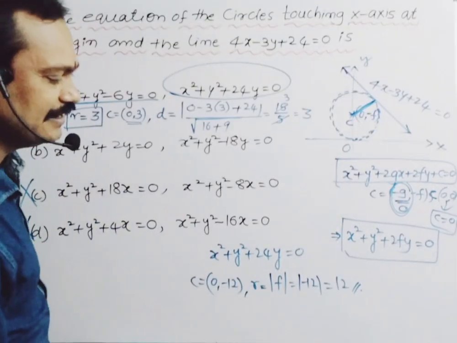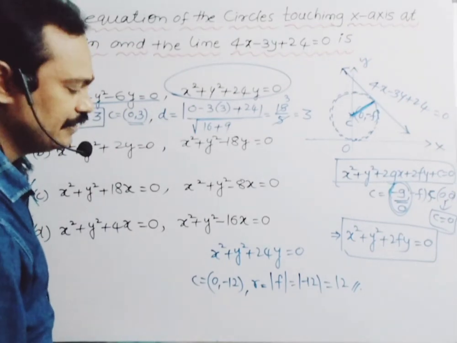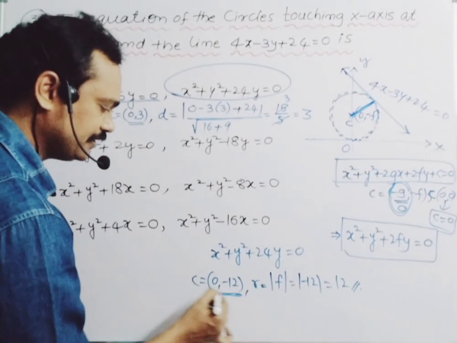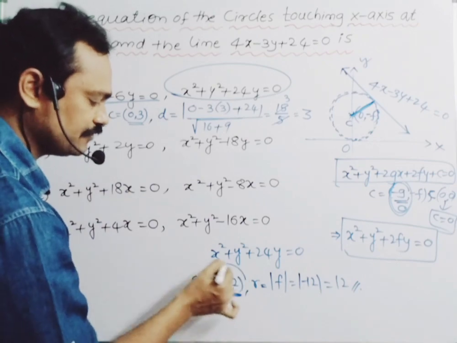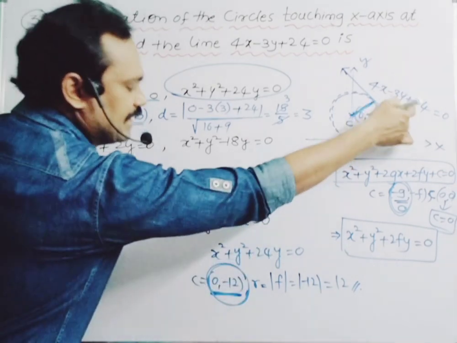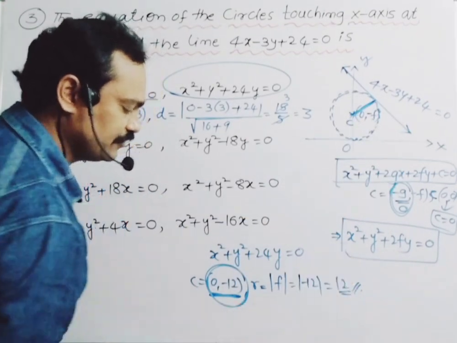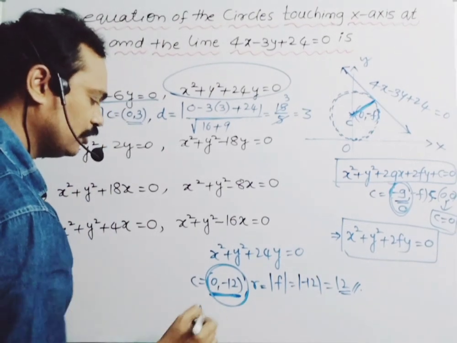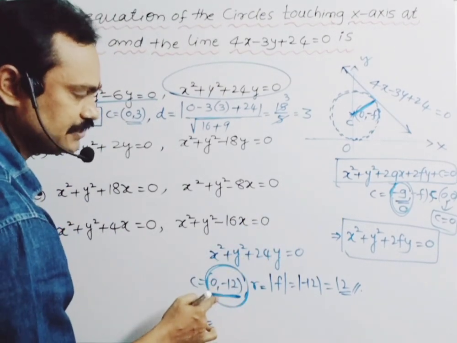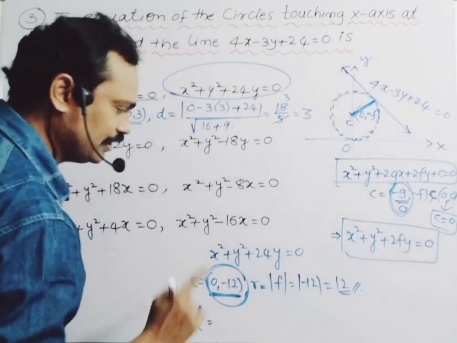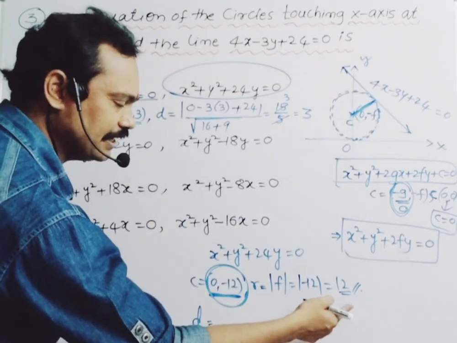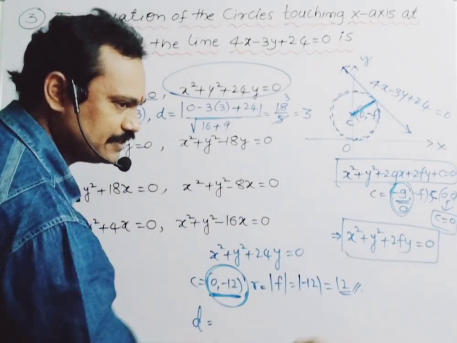The radius of the circle is 12. Now what do you have to check? You have to check whether the perpendicular distance from the center of the circle to this tangent is 12 or not. Chalo. I am finding out the length of the perpendicular from the center of the circle to the tangent. That should be 12. If you are not getting 12, it is a wrong choice.